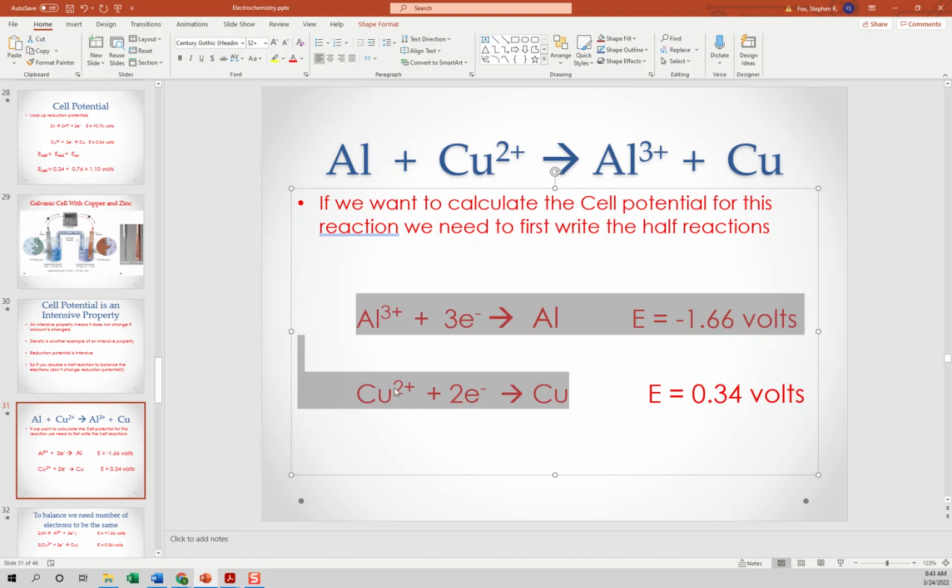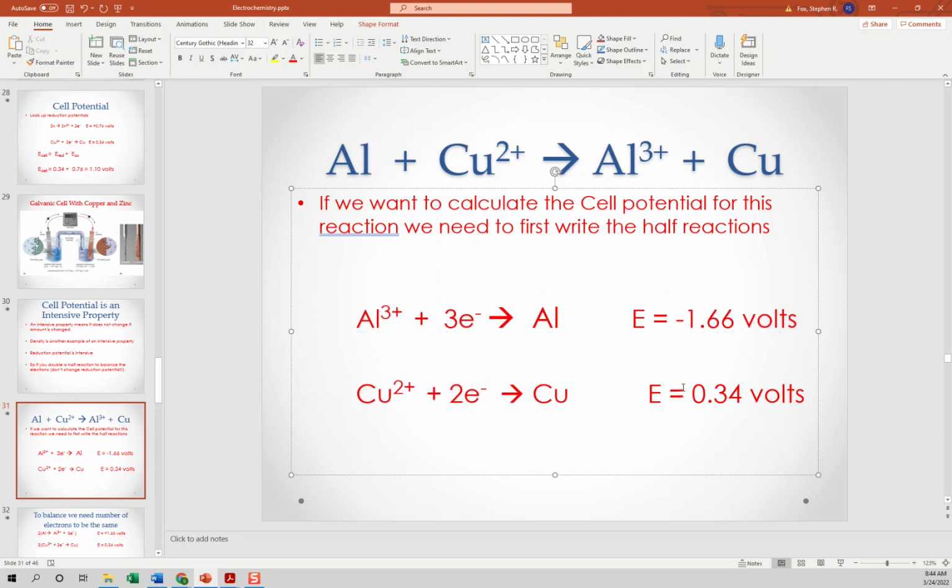But whenever you multiply a reaction, you don't change the cell potential. The cell potential is intensive. It doesn't depend on amount. So if this were delta H and I tripled this, I would have to triple the delta H. But if it's cell potential, if I triple this, I'm just going to keep this value the same.